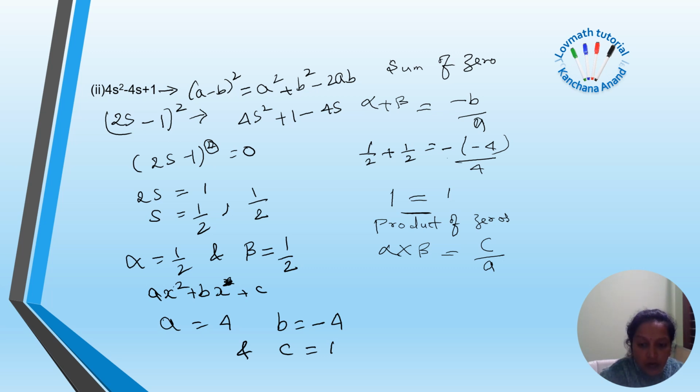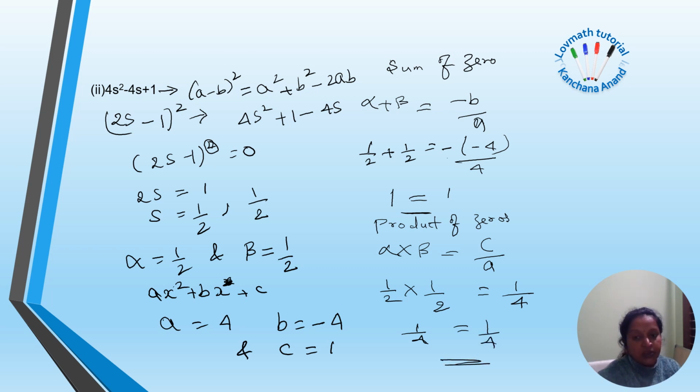So 1 by 2 into 1 by 2 is equal to c is 1 and a is 4. So this becomes 1 by 4 is equal to 1 by 4. So this is the relationship between the sum and product of zeros and the coefficients.